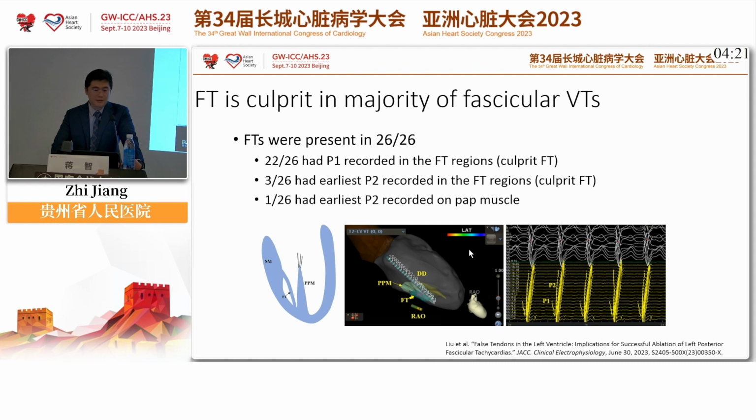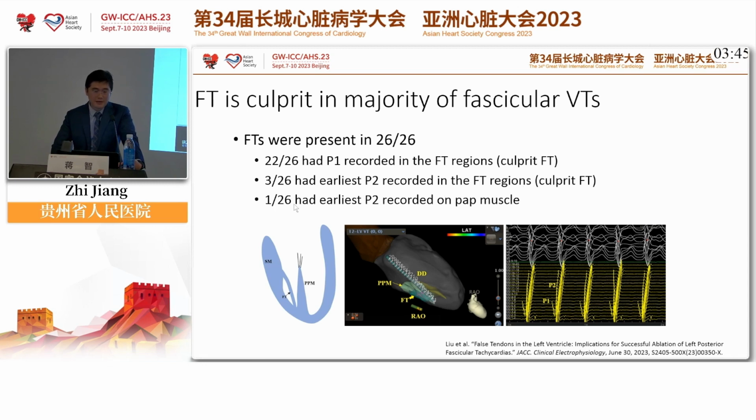Until recently this year, the false tendon was identified to be the culprit in the majority of fascicular VT. Liu Chang's group found the false tendon was present in all the patients who had catheter ablation for fascicular ventricular tachycardia, and over 96% of the patients had an incriminating false tendon, in which the P1 could be recorded, or the earliest P2 could be recorded in the false tendon region.